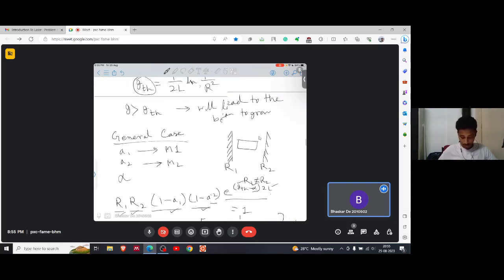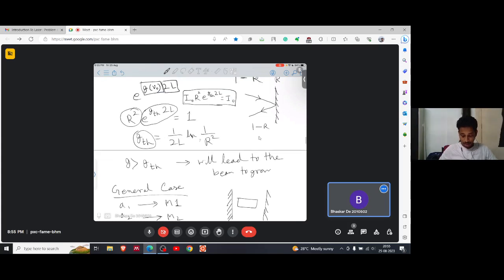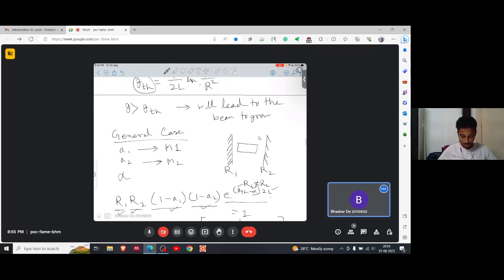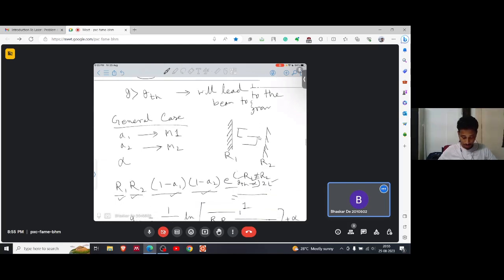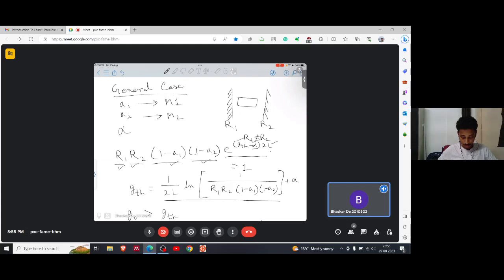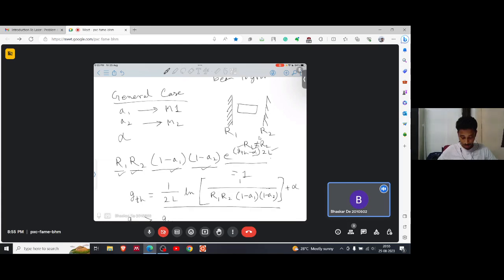This is a very simple case where the mirrors have the same reflectivity and there is no other loss apart from the reflection. But here is a much more general case where a1 and a2 are the scattering losses from the two mirrors, and r1 r2 are the reflectivities of the two mirrors respectively.